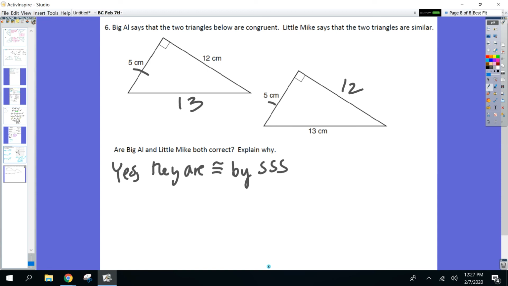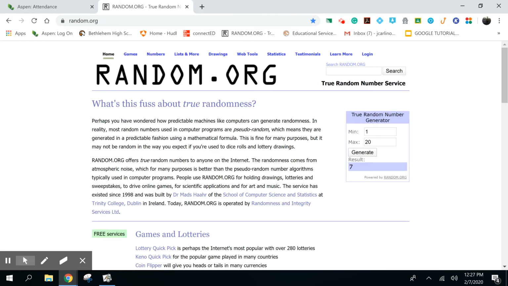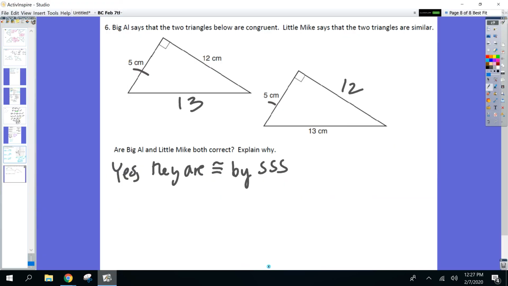Are they similar? Yes, they are similar. What's your reasoning? Triangles can be in a ratio of 1 to 1. Sides are in a ratio of 1 to 1.